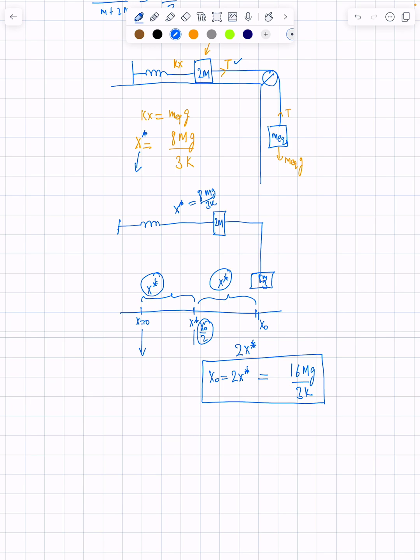So the net work done by the tension force is 0, and the spring force is a conservative force. So we can apply energy conservation at x equal to 0 and at x equal to x naught over 2, which is the equilibrium position. Okay.